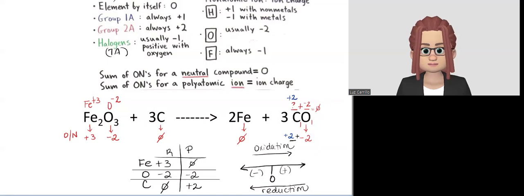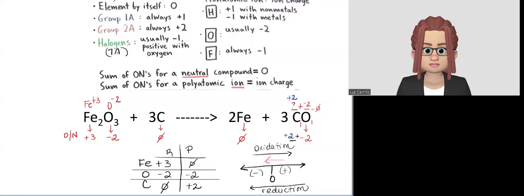So we can observe here how iron went from +3 to 0. If I try to illustrate this, it means that my iron was here and it moved in this direction.